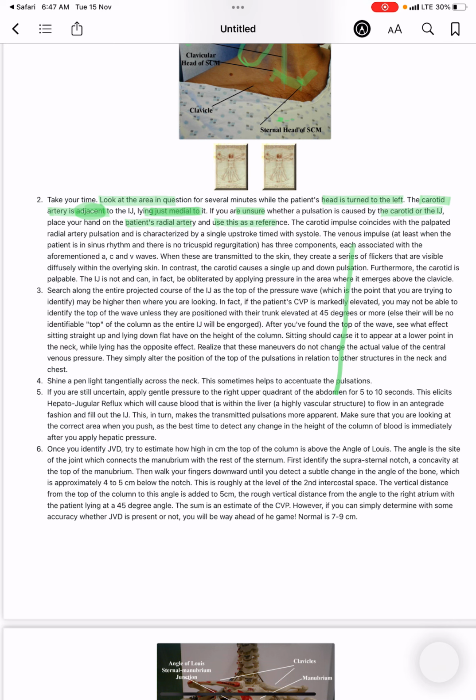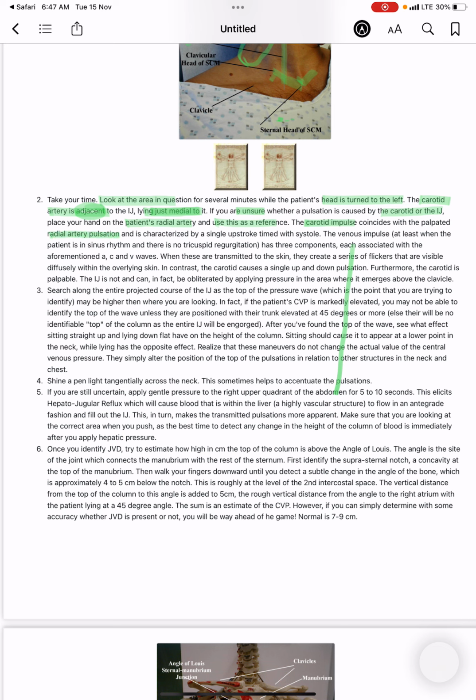The carotid impulse coincides with the palpated radial artery pulsation.